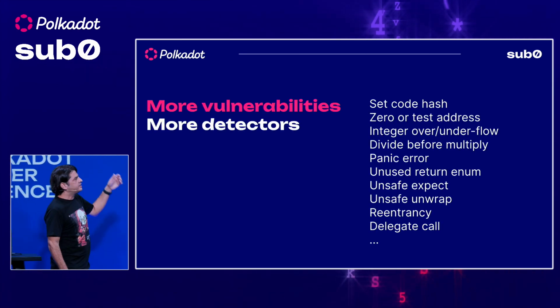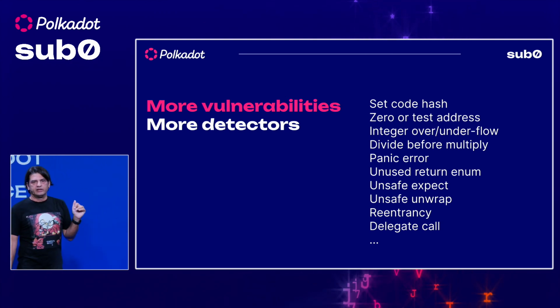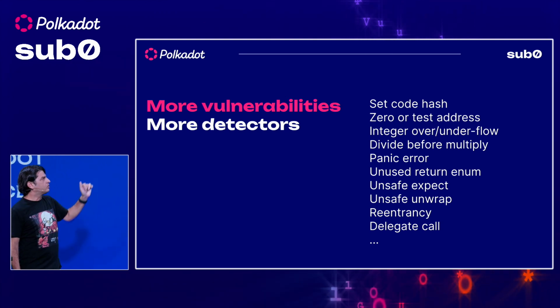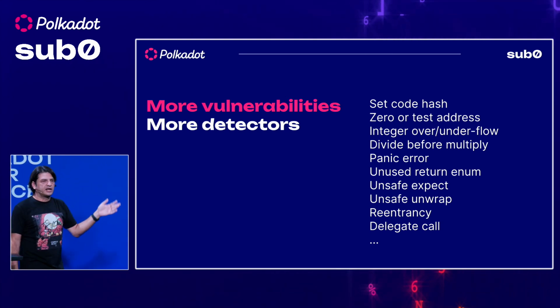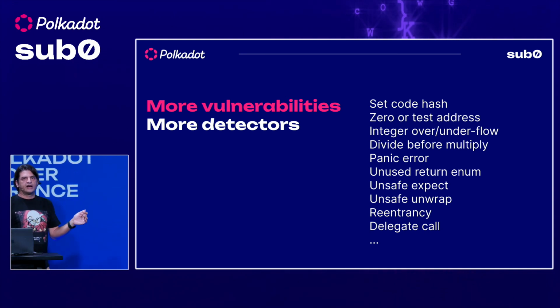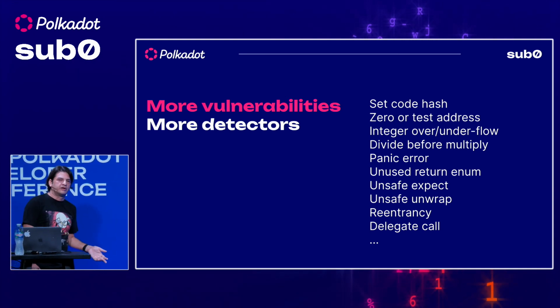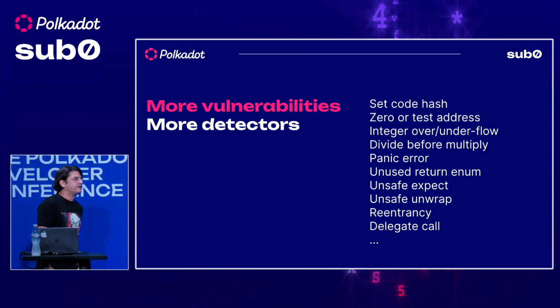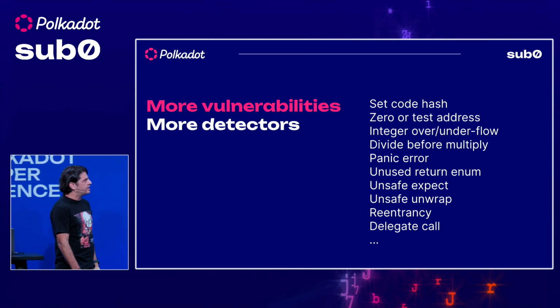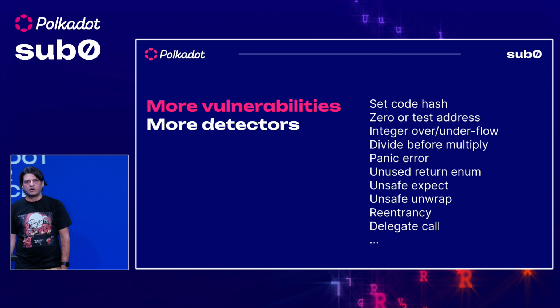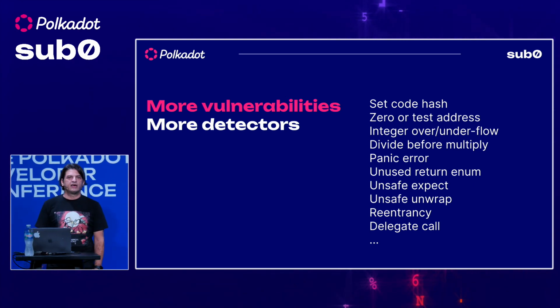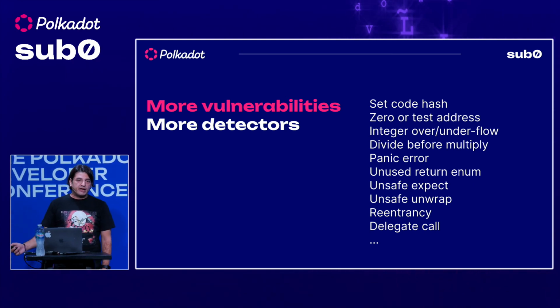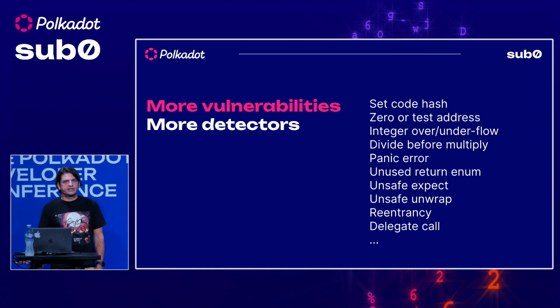And there's a lot more vulnerabilities that we build detectors for. I'll go quickly through some of those. Set code hash is something similar. You cannot set a code hash if you're not the owner of a contract. So we'll check for those. Zero or test address is something interesting happening only in Ink, not common in other languages, which is that the private key for the zero address and the test address are known.